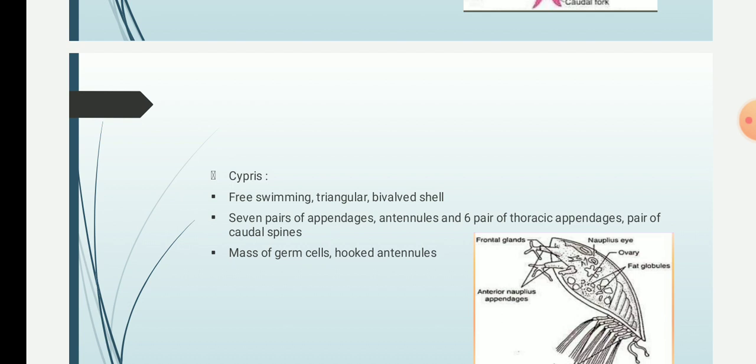If it undergoes the Metanauplius stage, then it further forms the Zoea larva. Zoea larva may be a crab Zoea, or it may be a Penaeus Zoea, that is in prawns.